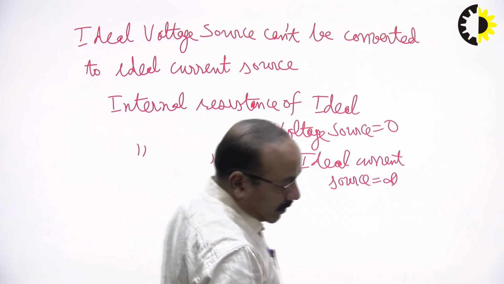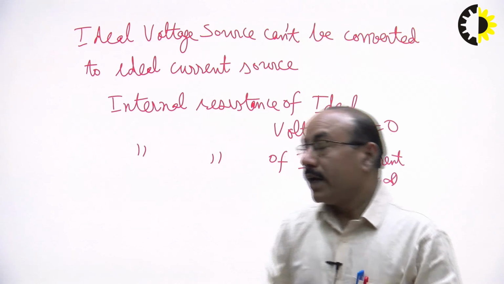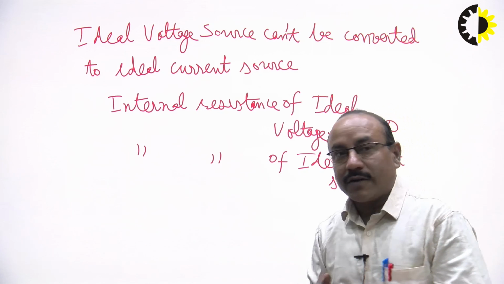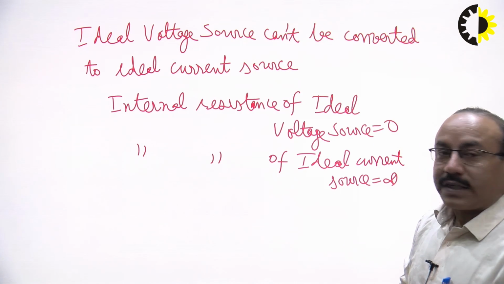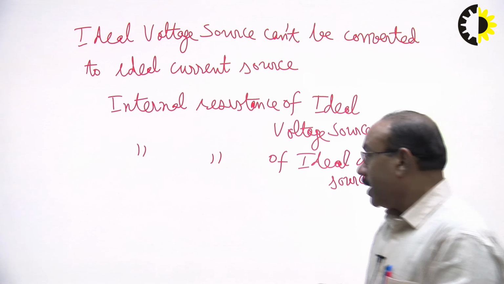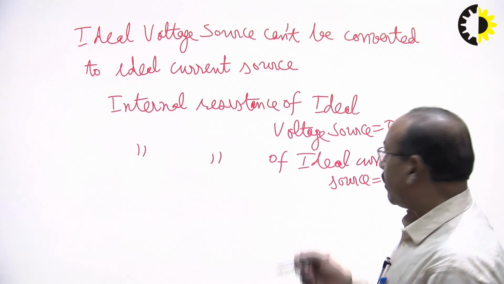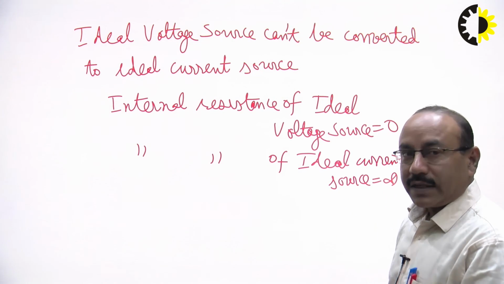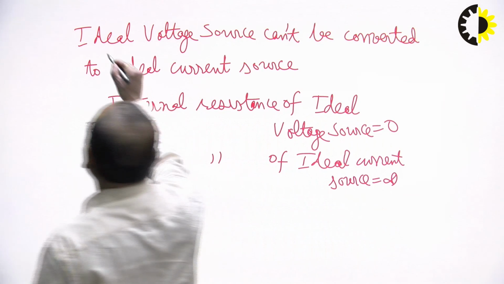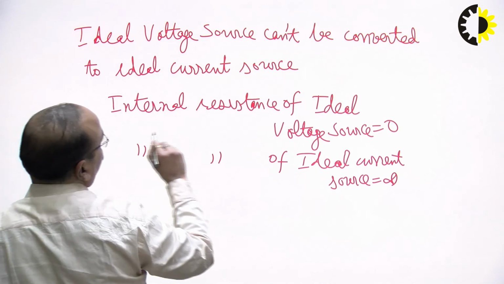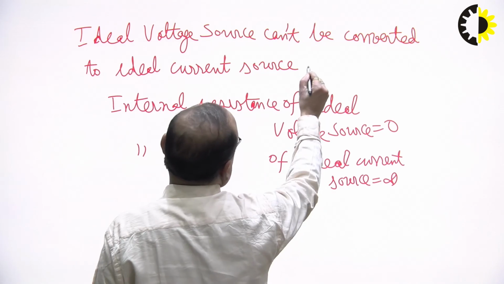And in the very first slide we have seen that when we are converting a voltage source to a current source or a current source to a voltage source, the internal resistance of the two should be equal. But here they are having unequal internal resistances. That is why we are not able to convert the ideal voltage source to an equivalent ideal current source or vice versa.